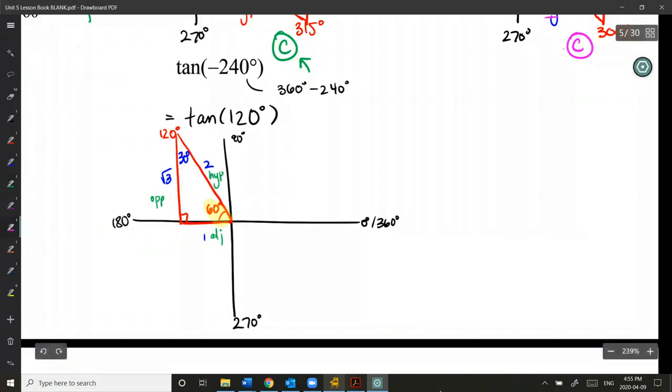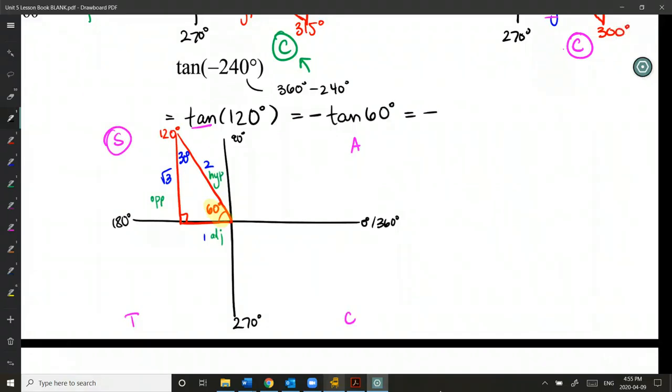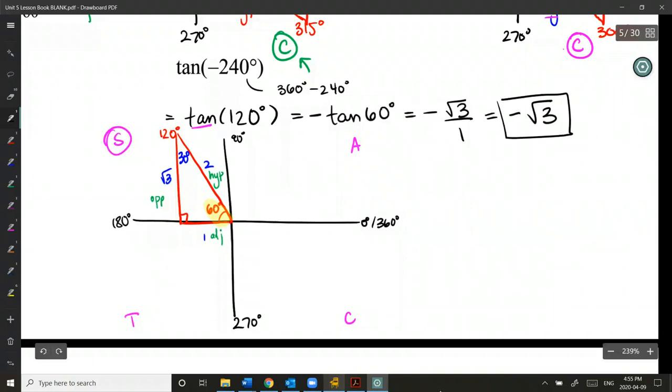Okay, the last thing that you want to consider again is the CAST rule. And we are taking the tan of an angle that is in the sine quadrant. This tells me that my ratio will be equal to the negative tan of the reference angle, which is 60. So considering SOHCAHTOA, tan is equal to opposite over adjacent, and it's negative because we're taking the tan of an angle in the sine quadrant. So you should end up with negative root 3 as your answer here.